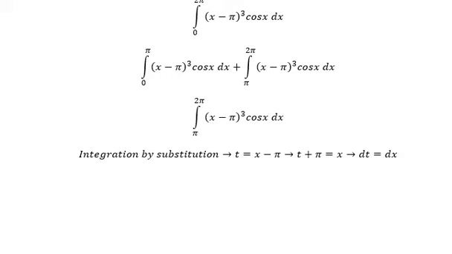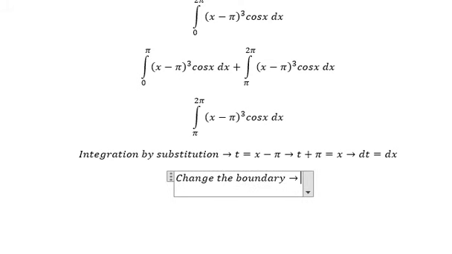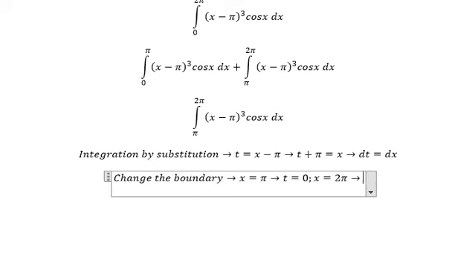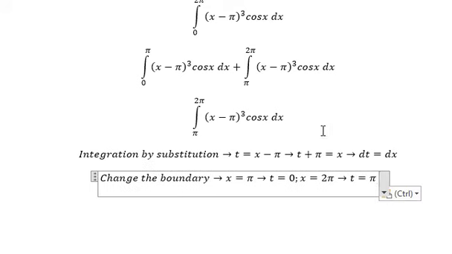Later, we need to change the boundaries in here. So when s equals b, t equals 0. When s equals 2b, t equals b.